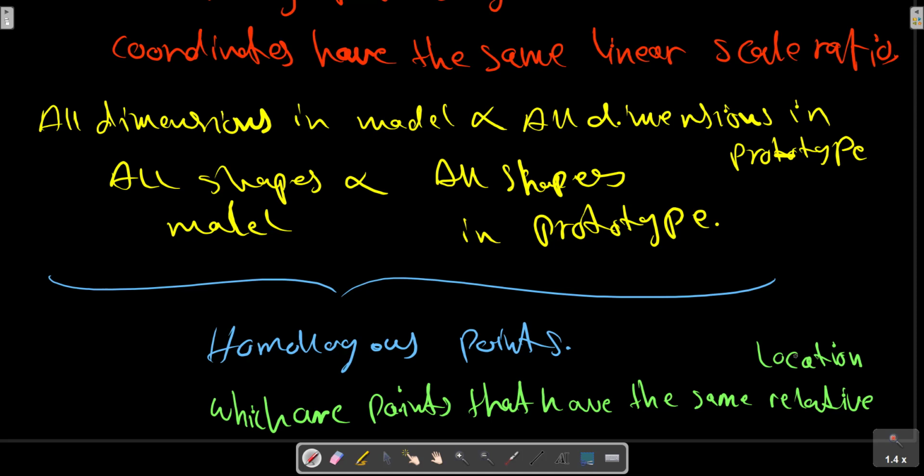For example, the nose of the prototype is homologous to the nose of the model.